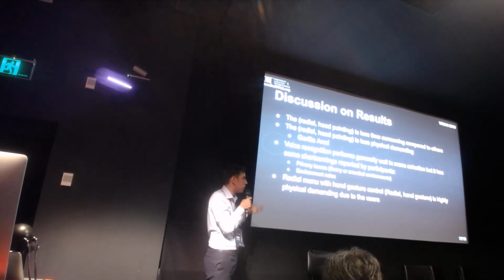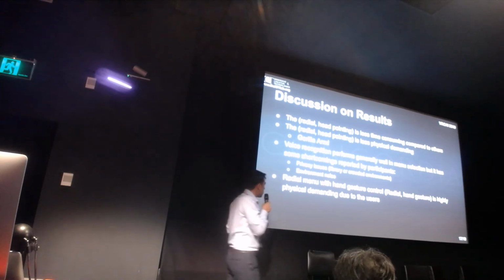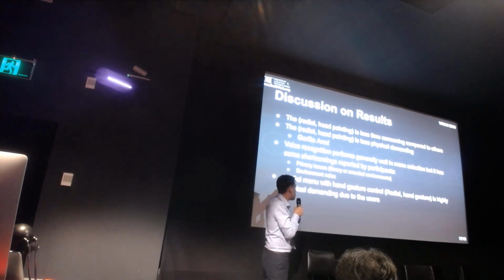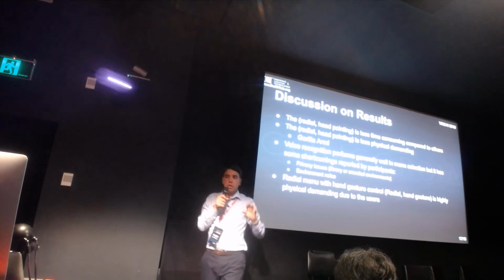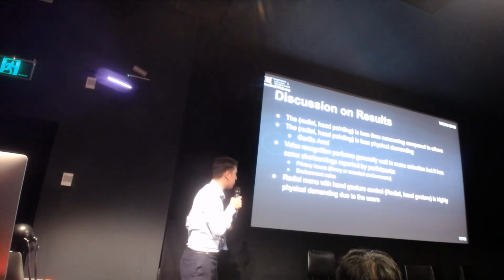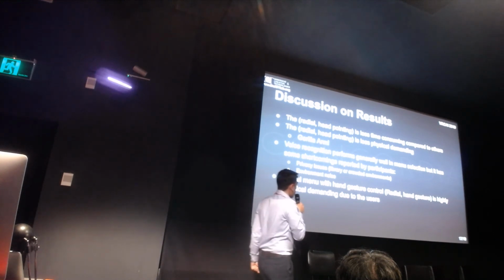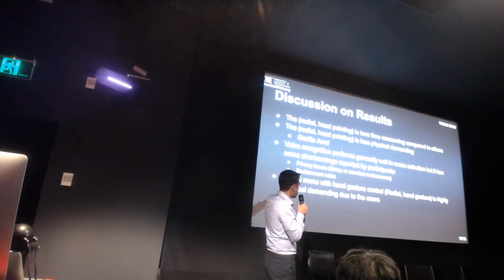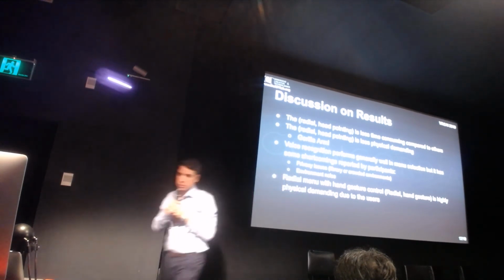The second was environment noise, which they said might affect their selections. The radial menu with hand gesture control is highly physically demanding.